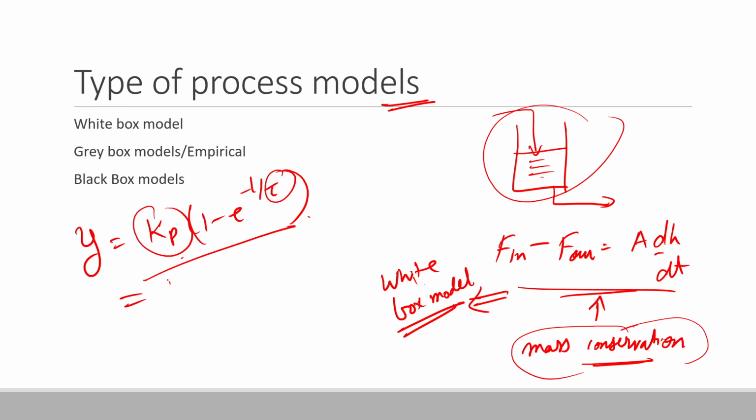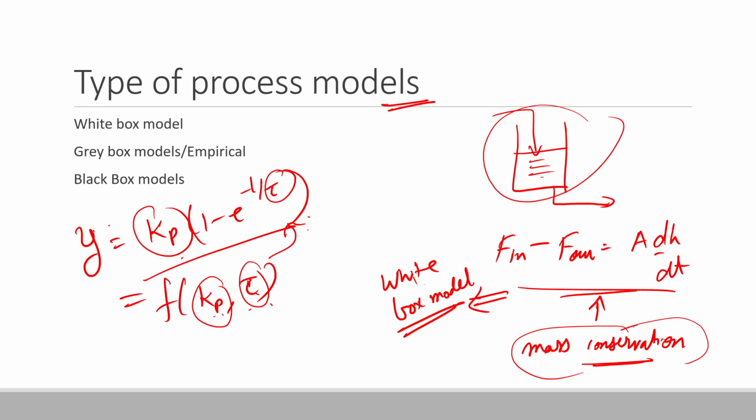That is, we can write the empirical model as a function of Kp and tau, and I don't have the values of Kp and tau. So what I can do is perform a few of these experiments manually and then try to fit the data, and on the basis of that data I can estimate these parameters Kp and tau, and then put these parameters into this empirical model and get the estimate of the output.